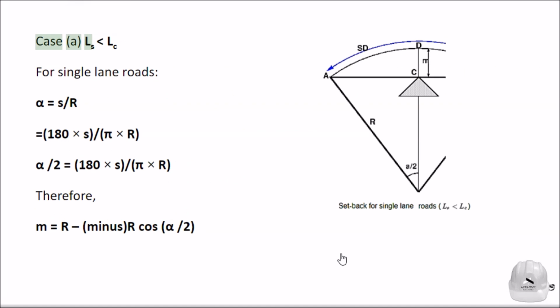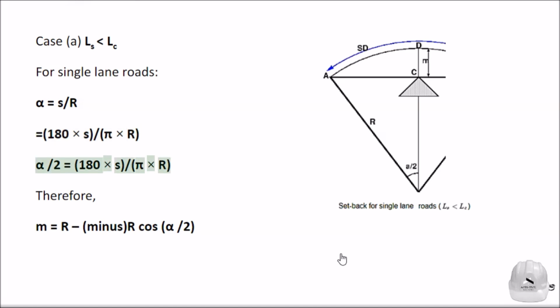Case A, L_S less than L_C. For single-lane roads, alpha equals S/R equals 180 times S/(pi times R).